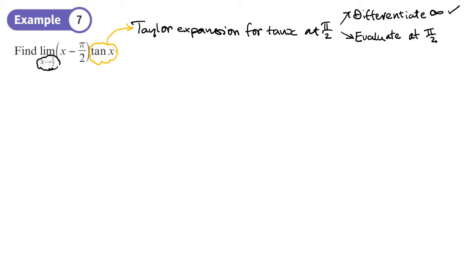But as soon as we try, well, let's write out what the Taylor expansion would look like. So if we started to try and do that for tan x, the first term would be f of a, so tan of pi over 2. Well, straight away, we run into problems. We can't go any further because that is where there's an asymptote.